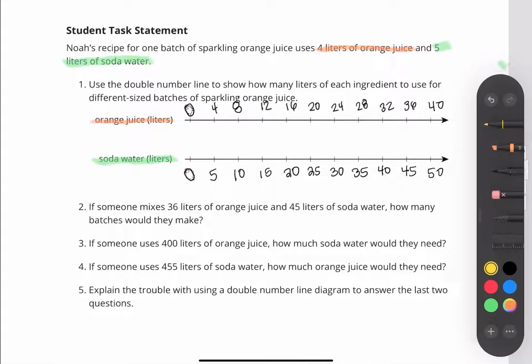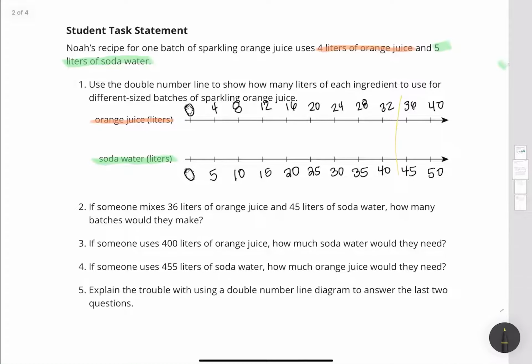When I look at my double number line, I see that it is there and it's right here. Now keep in mind that each tick mark represents one batch of sparkling orange juice.